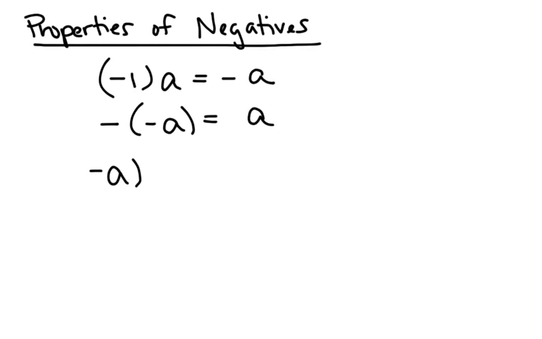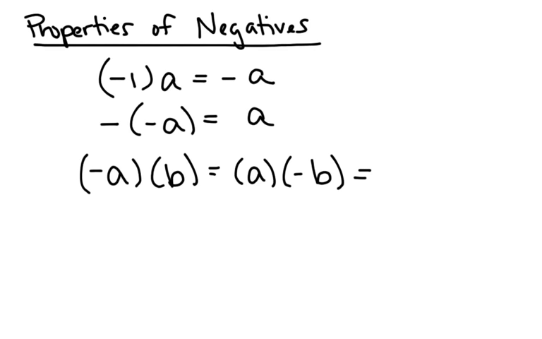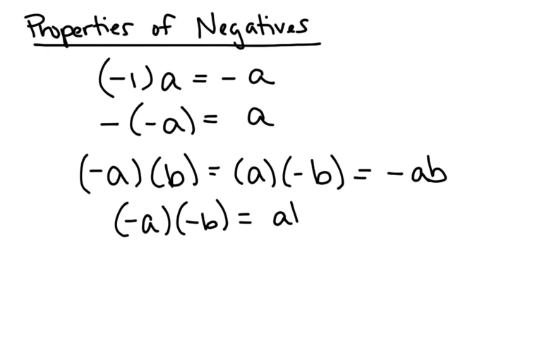You should also know that multiplying a negative times a positive, like negative a times b, is the same answer as positive a times negative b, which is just negative ab. If you multiply negative a times negative b, you're multiplying two negatives, so it becomes positive.